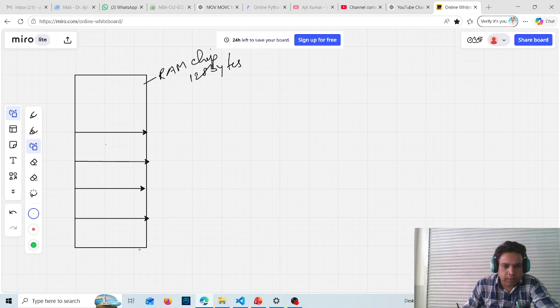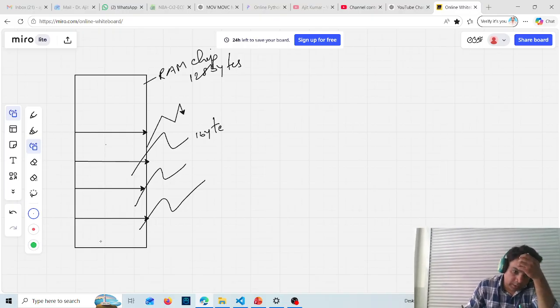I told you that in each register bank we can store 8 bits of data, that is, 1 byte of data, in each location.